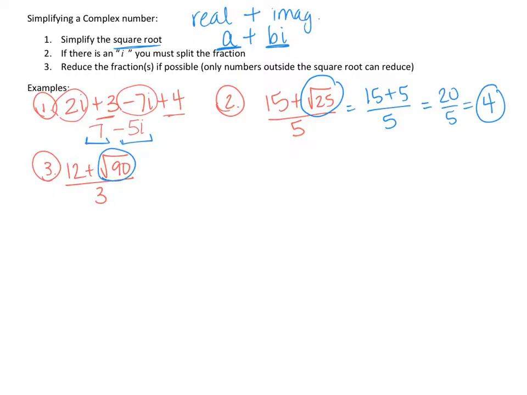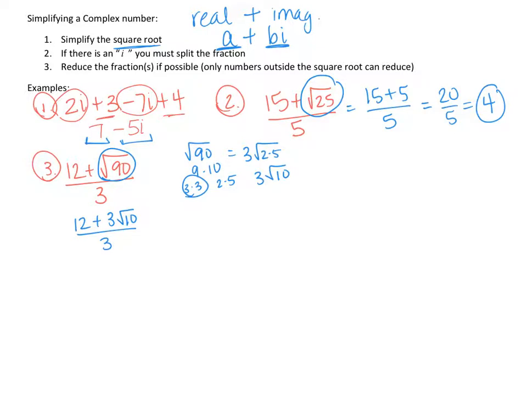So let's make our little tree for 90. 90, that's 9 times 10, which is 3 times 3 and 2 times 5. The 2 and the 5 have to stay under, so I've got 3 square roots of 10. So what I really have is 12 plus 3 square roots of 10 over 3.